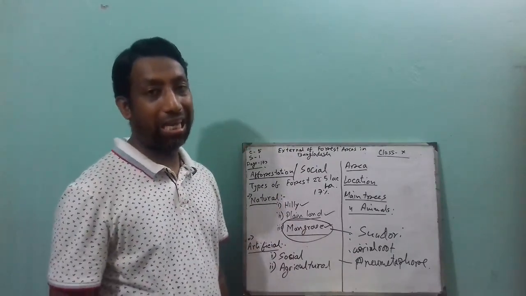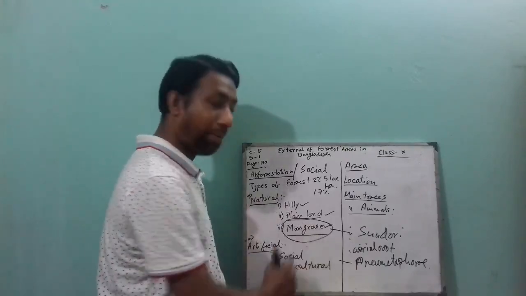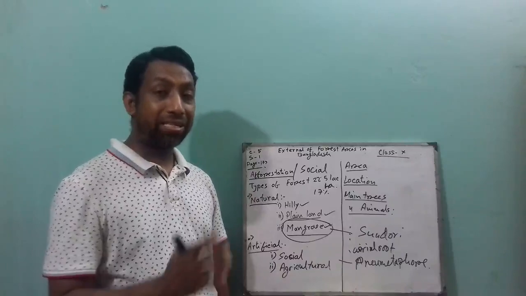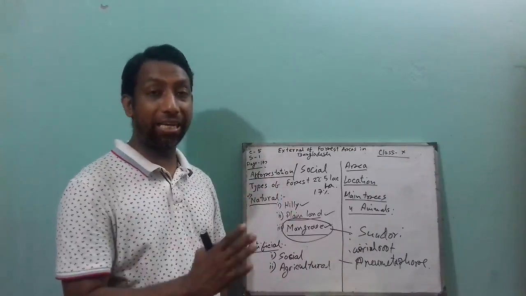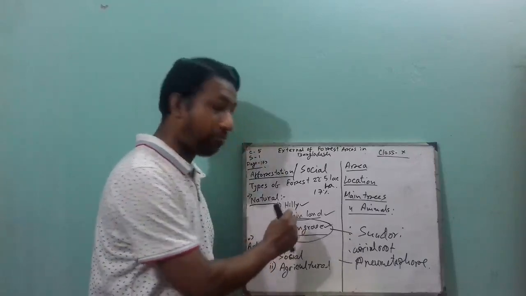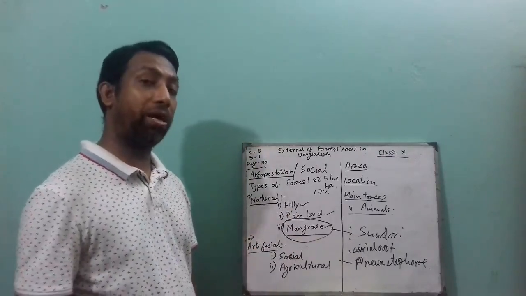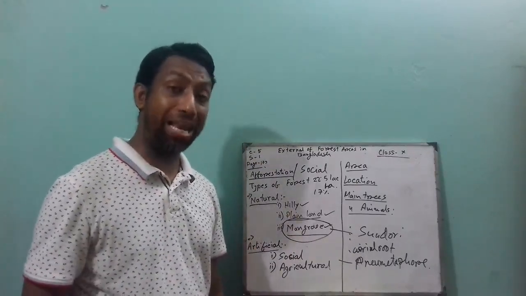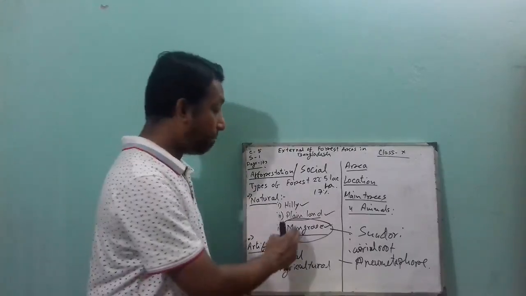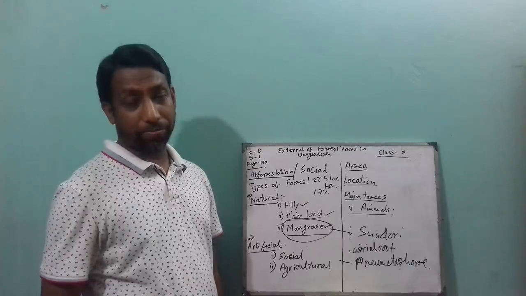Some people enter illegally, but our government has banned some places for visiting. They are not allowed to enter the deep forest due to the Royal Bengal tiger and other wild animals. So this is the main importance of the mangrove forest.